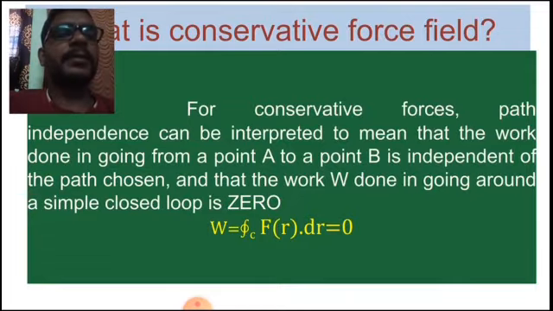If the work done is independent of the path, then the resultant work from A to B is equal to from B to A, and the total resultant work will be 0, right? So in this, it is path independent. Conservative force is nothing but it is path independent. The work done in going around a simple closed loop is 0. W is equal to closed integral F of r dot dr equal to 0.